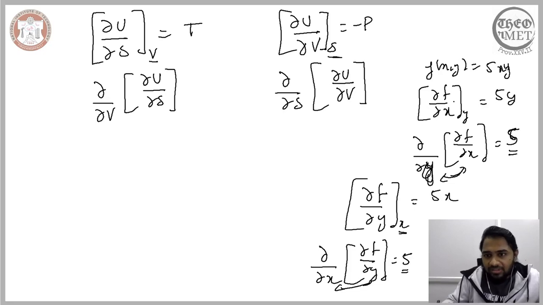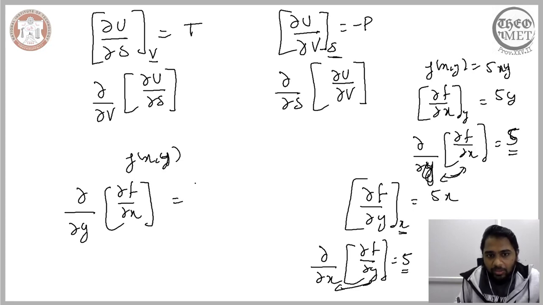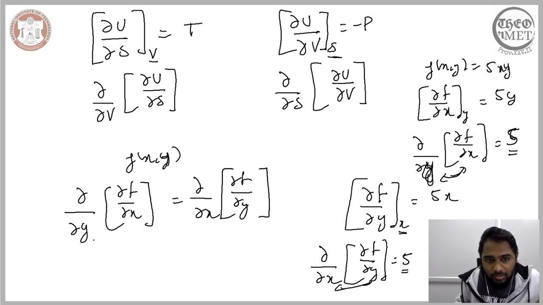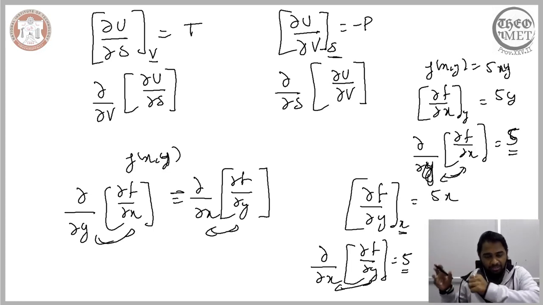Meaning for this function f of x comma y, the partial derivative of f with respect to x and y is equal to the partial derivative of f with respect to y and x. So even though these orders are reversed, the ultimate derivative remains the same.